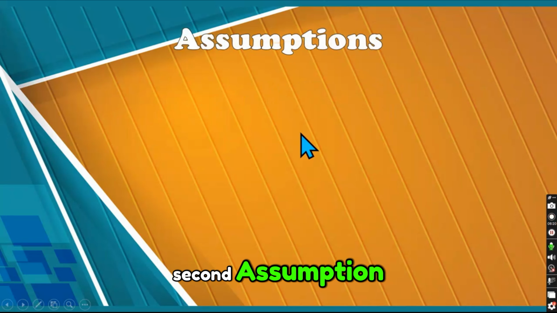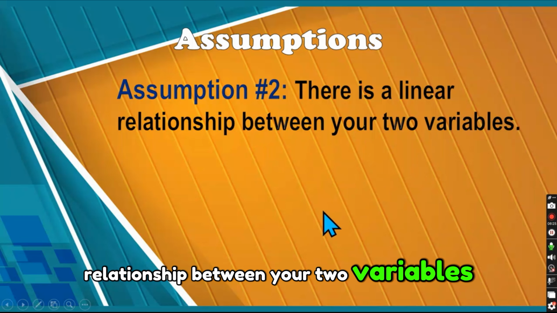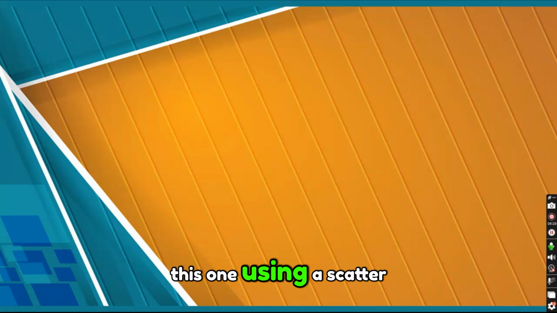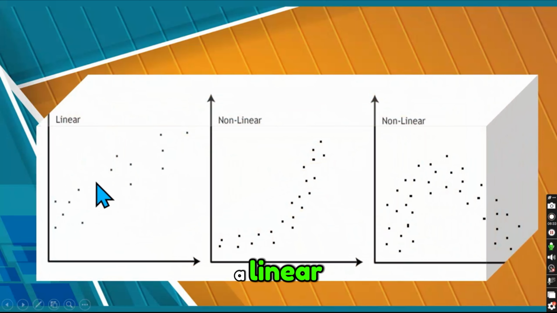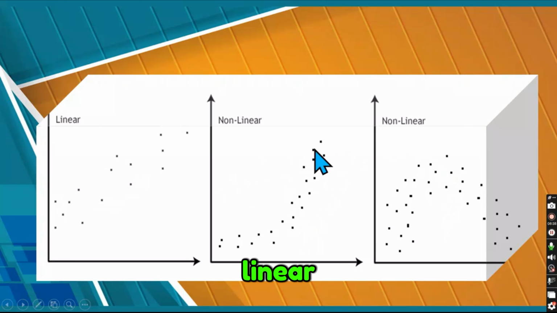Second assumption, there is a linear relationship between your two variables. We can check this using a scatter plot. For instance, we have here a linear one. Of course, if it forms curves, it is non-linear.